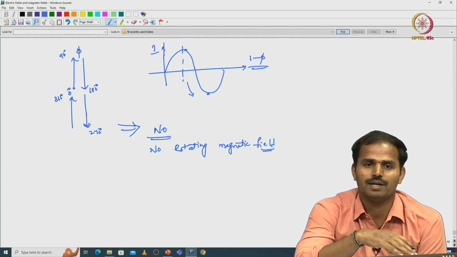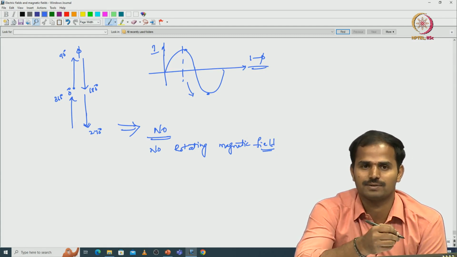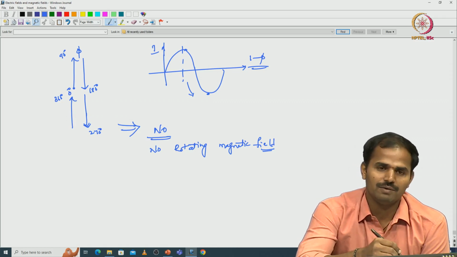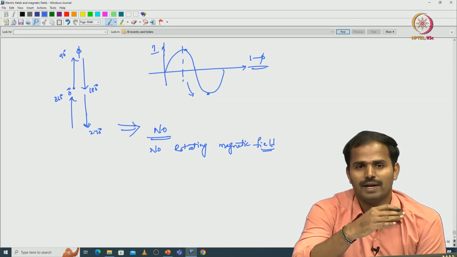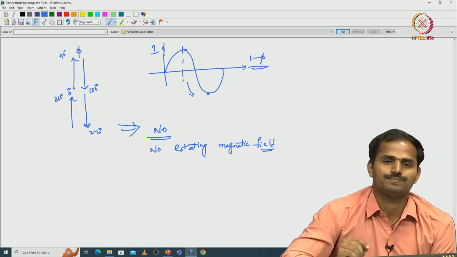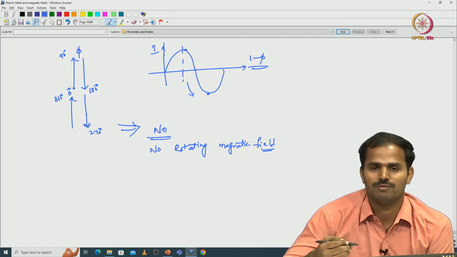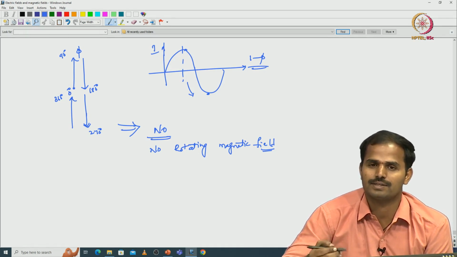That is what we have seen in the last lecture also. We require multiple conductors with variable fields, okay. Here the field is varying just in one direction, it is increasing and decreasing, that is it. So how to make the rotating magnetic field or induction motor functional, we will see in the next lecture.